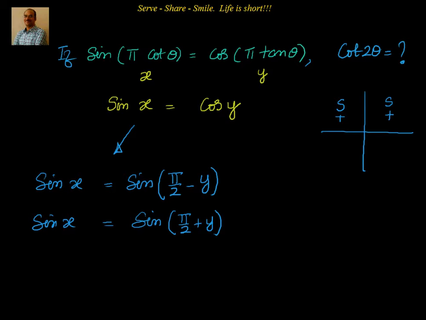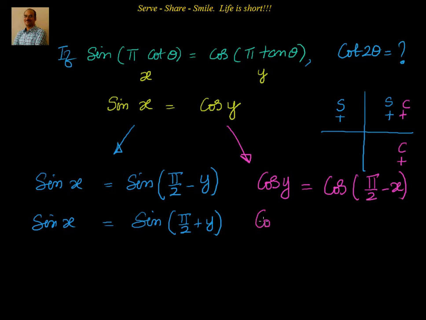Suppose I convert that into cos, what happens? Let's have a look. I write cos y is equal to, how can I write sin x in terms of cos? Cos is positive in the first quadrant. Cos is also positive in the fourth quadrant. So one way I can say is cos(π/2 − x).